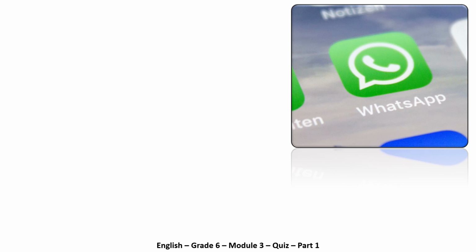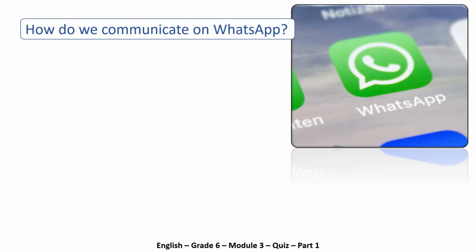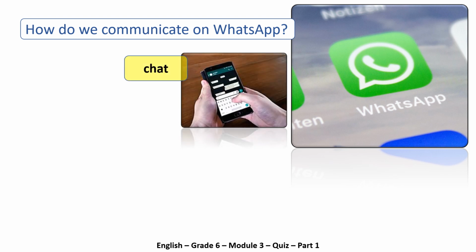Let's go back to this application we need to use, which is WhatsApp. And let me ask you this question. How do we communicate on WhatsApp? In fact, to communicate on WhatsApp, you may chat with people through typing a message or talking to them.